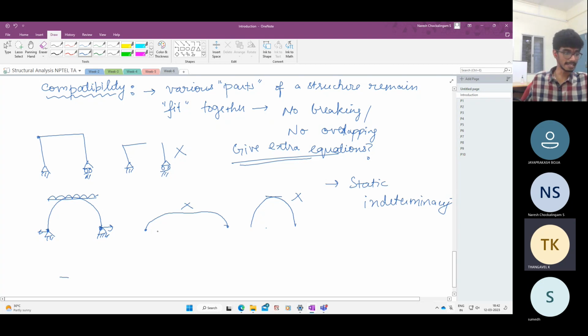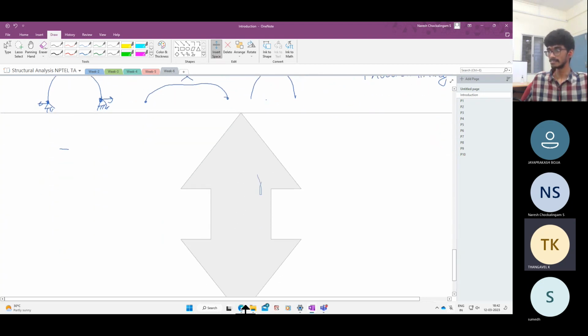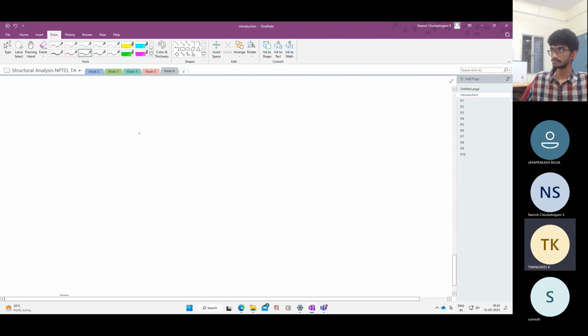Now let's see what is static indeterminacy. So we have already seen that in statically indeterminate structures, the number of unknowns minus the number of equations is greater than zero. There are more unknowns than the number of equations. In this case, what happens? So it is greater than zero.